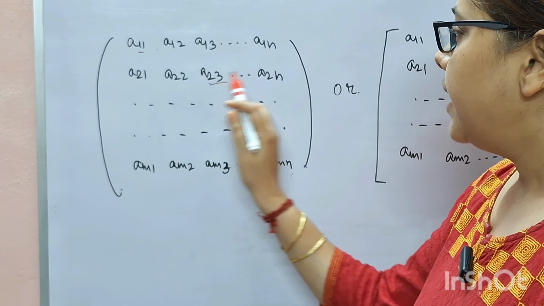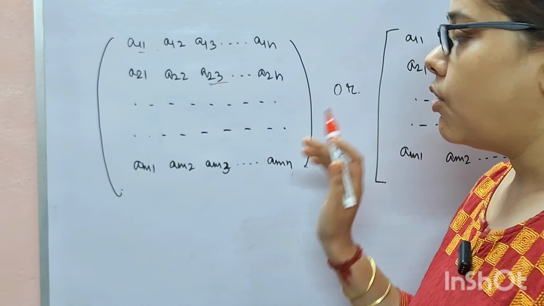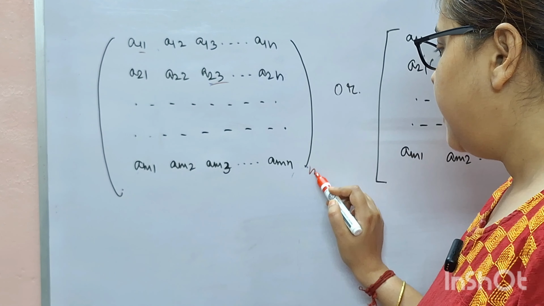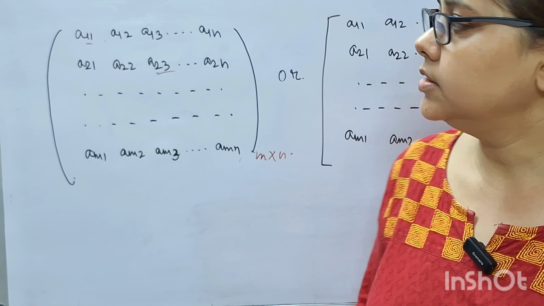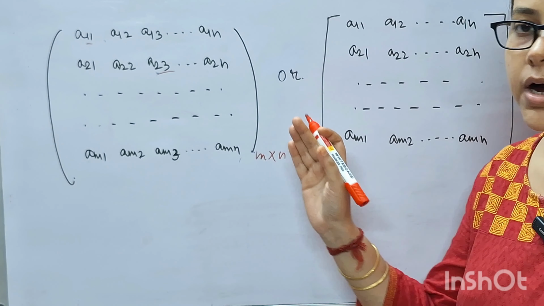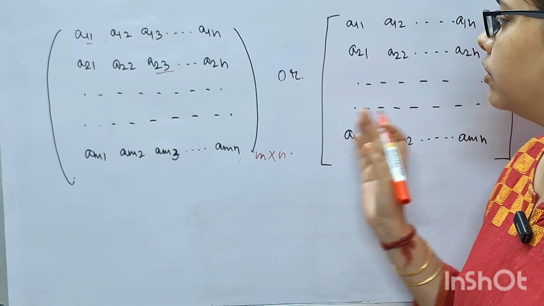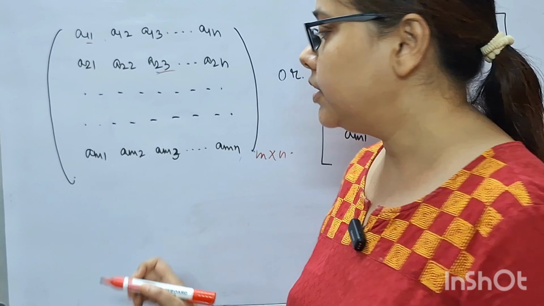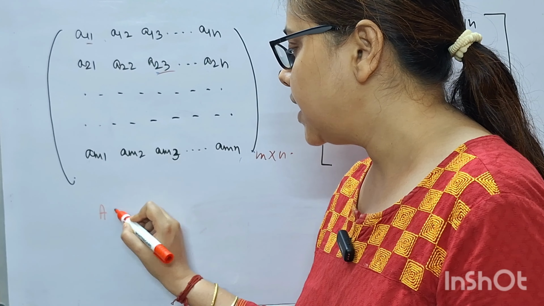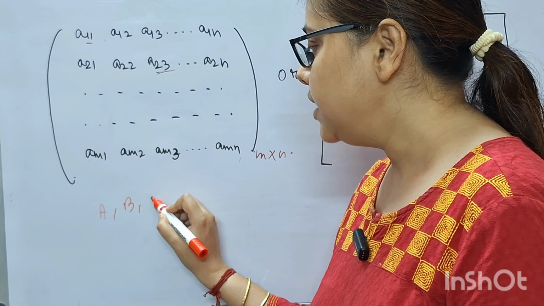Since there are m rows and n columns, the order of the matrix will be m by n. Matrices are written in these two different forms, either in the first bracket or in the third bracket, and matrices are generally denoted by the capital letters A, B, C, D, etc.